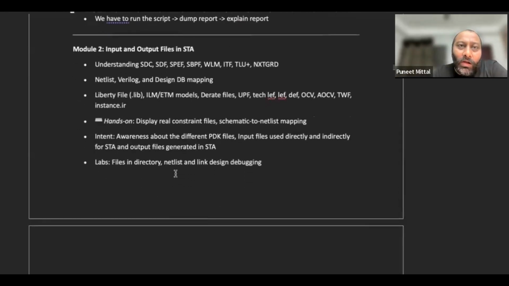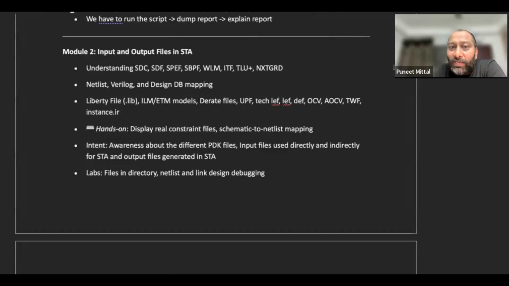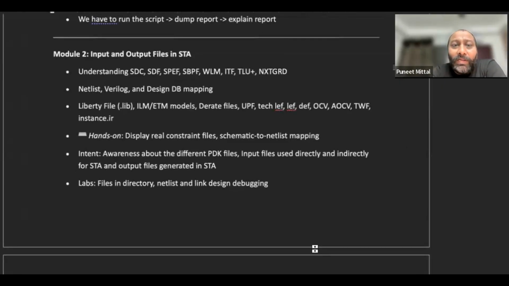There's a second module. Now we will come back and discuss all the input and output files which are required as a part of STA. For example, the SDC, SDF, SPEF, SBF, WLM, ITF, TLU plus, NXT files. For most of these files we are going to discuss what information is in the file and how it is written.